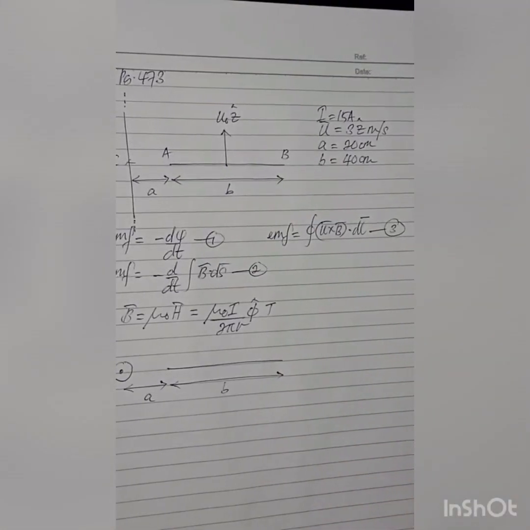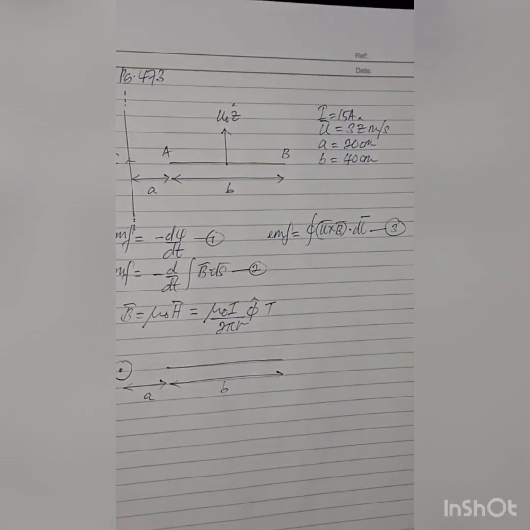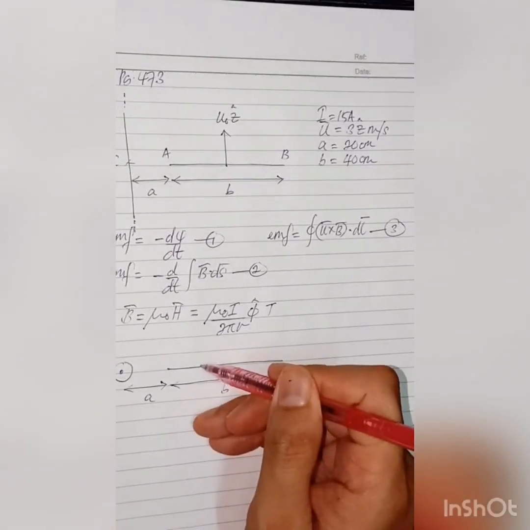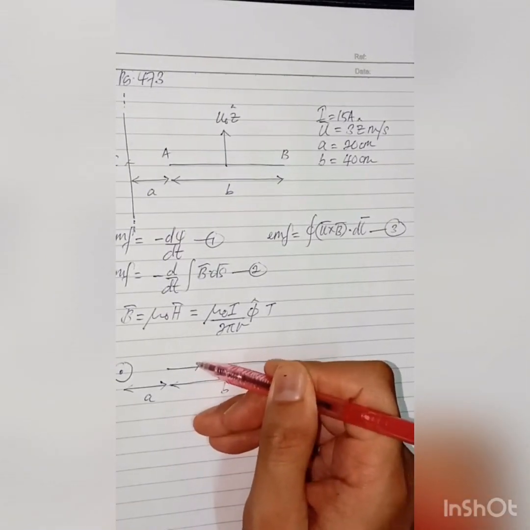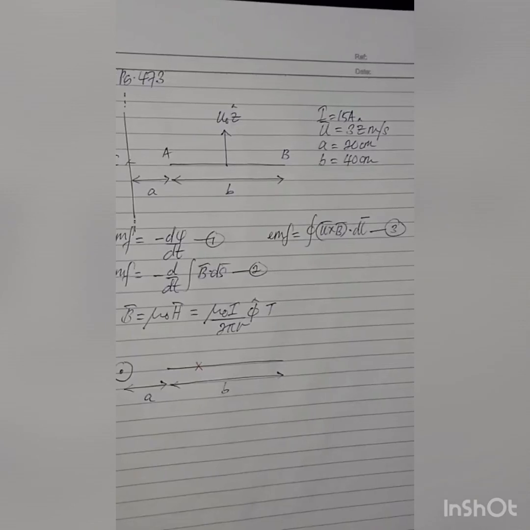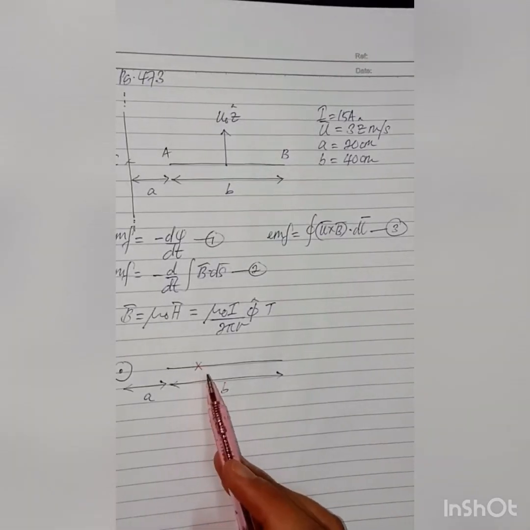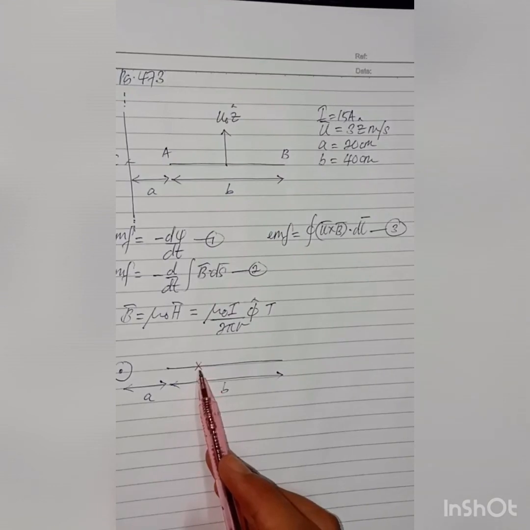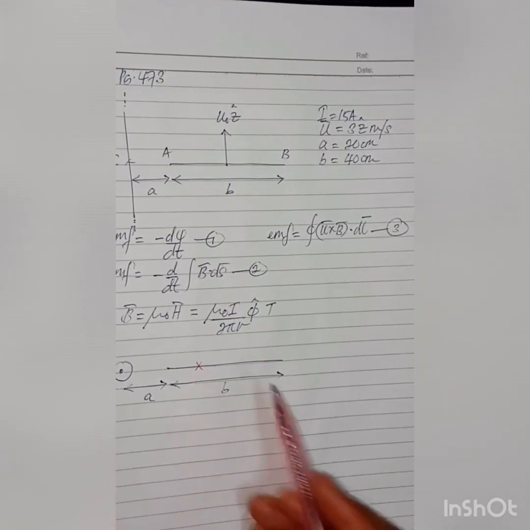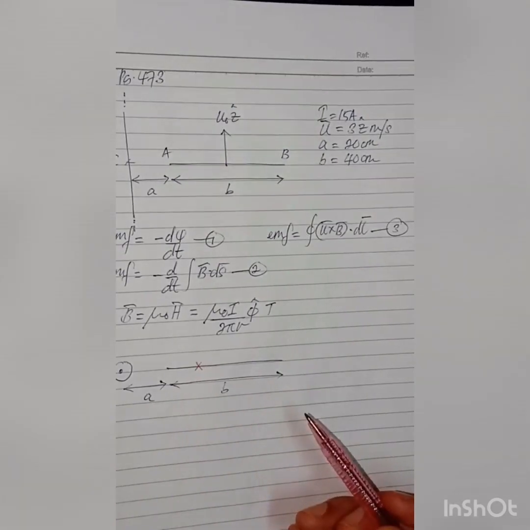Now let's say we are going to find the B field at any point along the rod. Let's choose this particular sample point anywhere along the rod. We can find the B field that passes through this point of interest, so let's draw the B field.